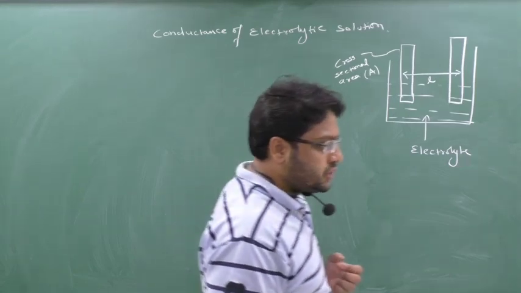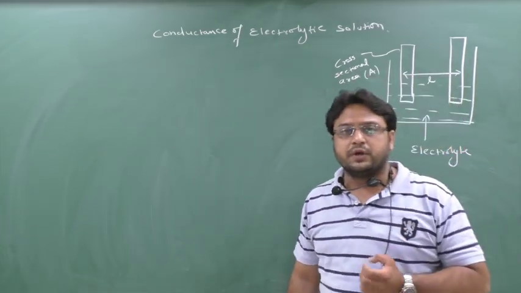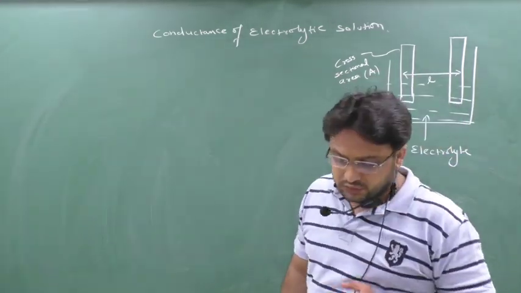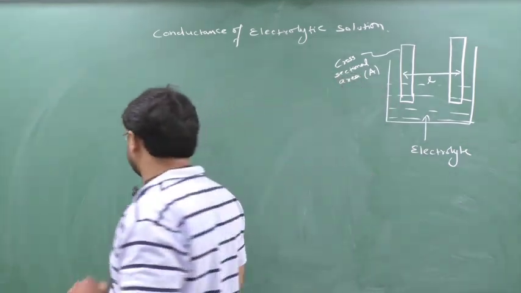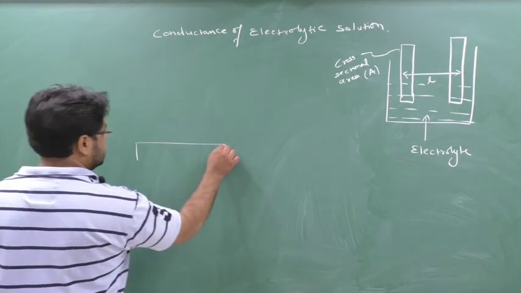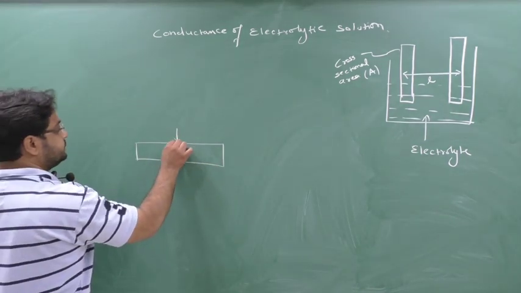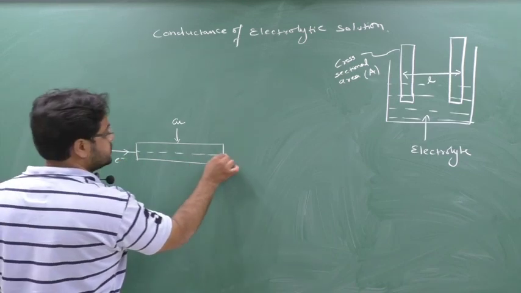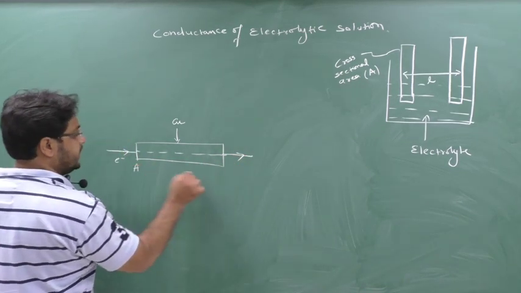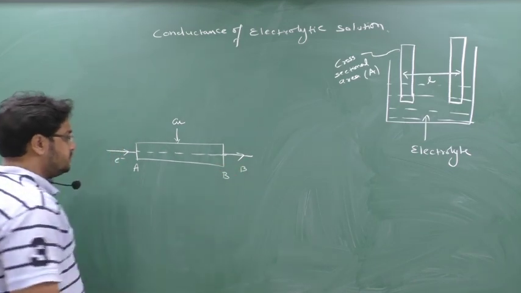An electrolyte is a solution which allows the electric current to flow through it. When you listen to this, it looks similar to an electrode or a conductor. Suppose I consider a conductor, say copper, and I allow the electric current here, the electron flows from point A to point B. Why is it so?